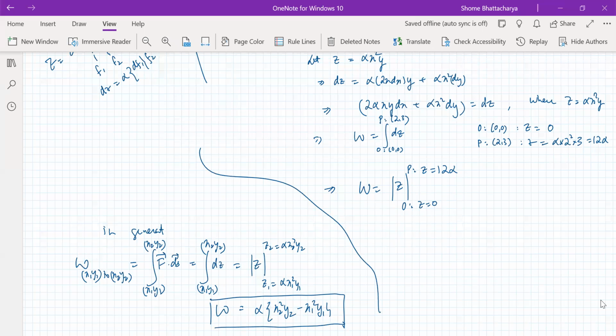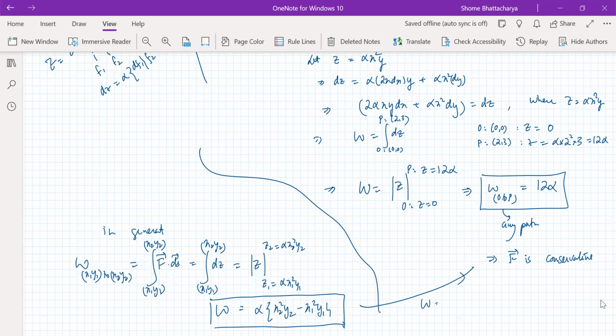Anyway, applying that specifically here for any path will become 12 alpha. This shows that the force F is conservative. Work done only depends on the final position x2, y2 and the initial position x1, y1. It is path independent.